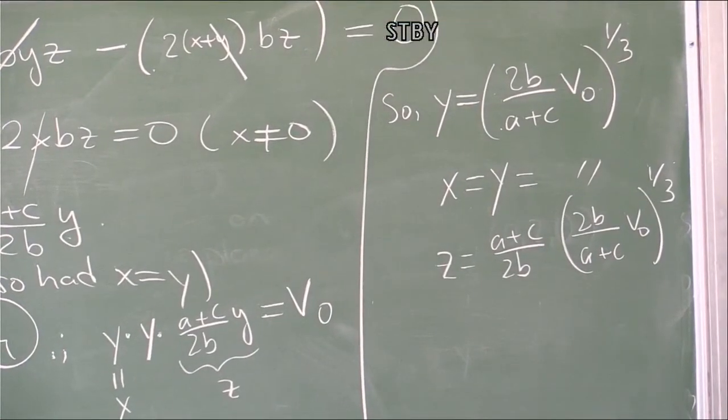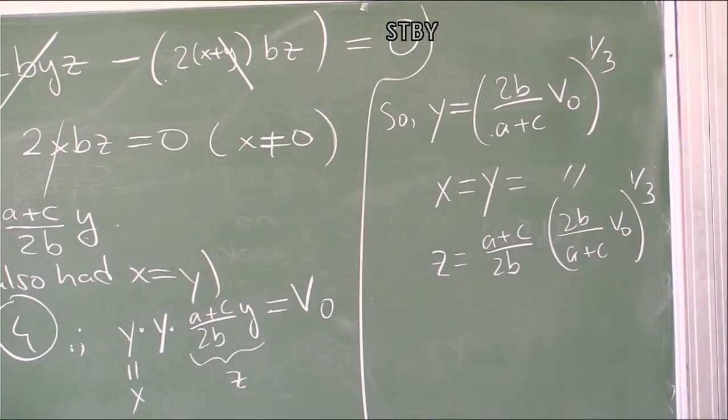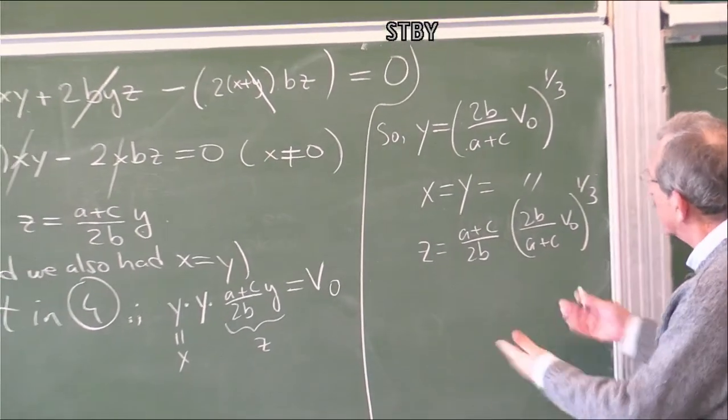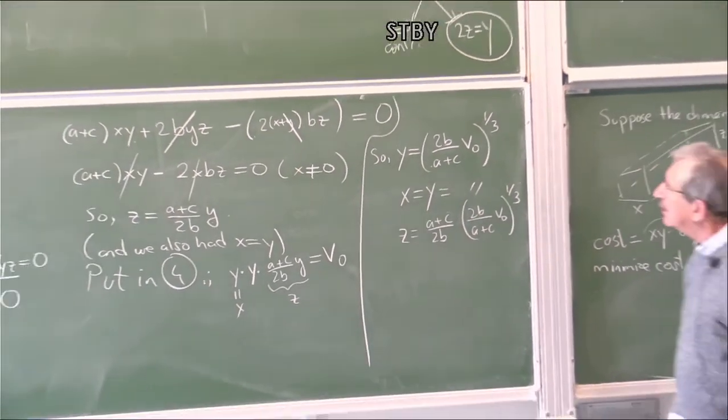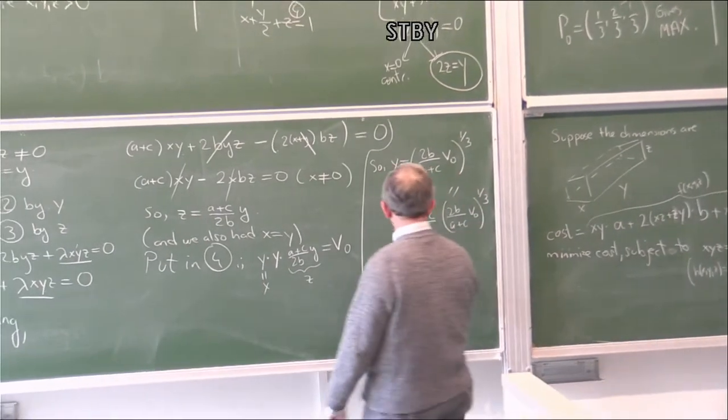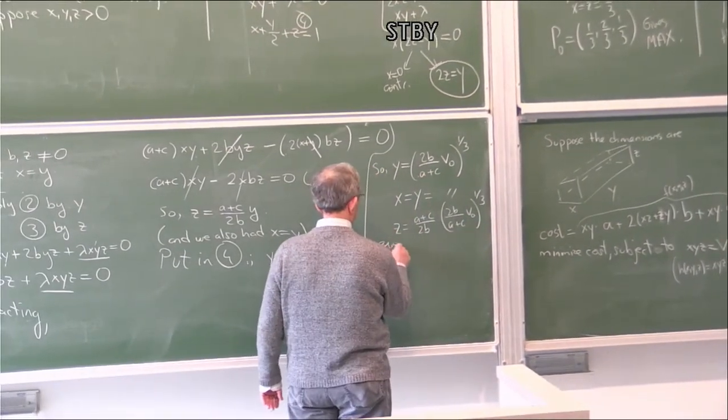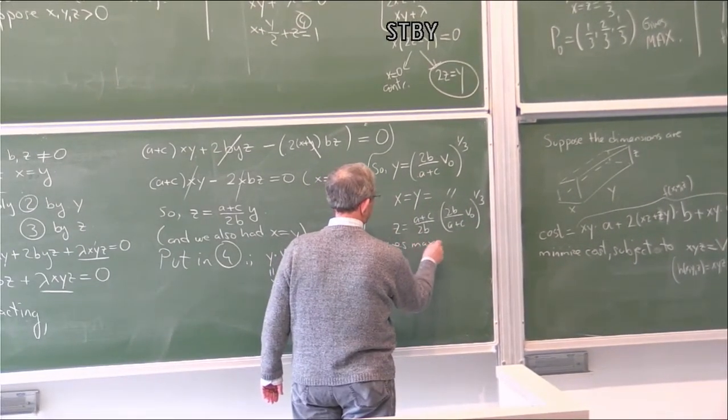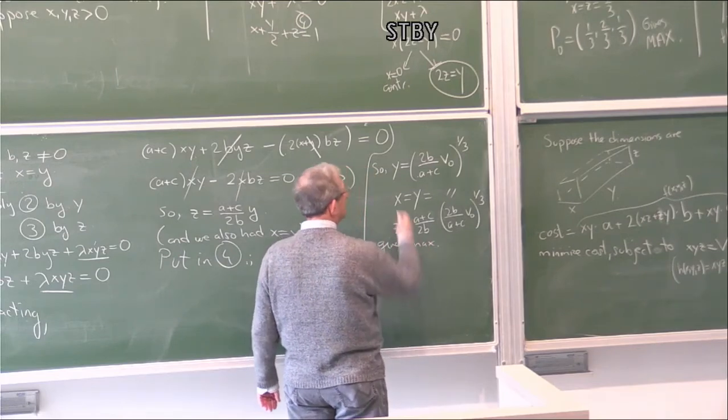So this would be 2b over a plus c v0, and of course these will cancel out. You will get v0 at the end, and this certainly gives maximum.